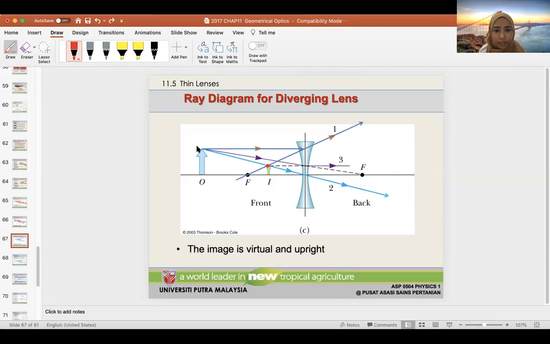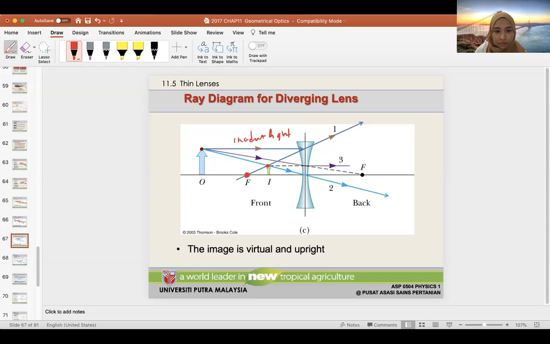This is for when your object is greater than the focal length. This is for a diverging lens. So for a diverging lens, if your incident light or your object is on this side, your focal point should be on the same side. This is very, very important to take note of. The focal point is on the same side as the incident light and the object.